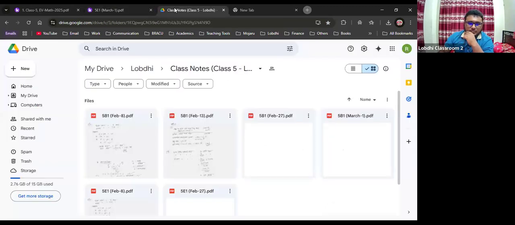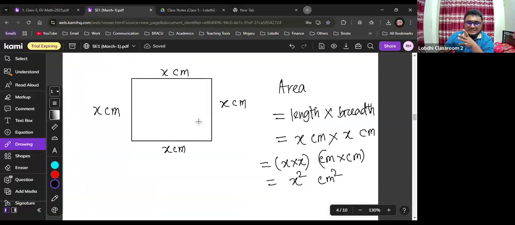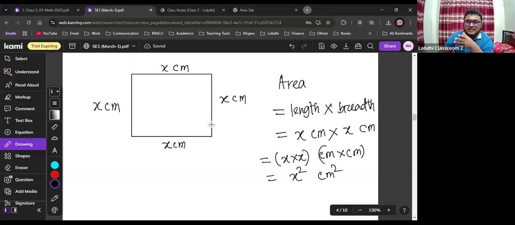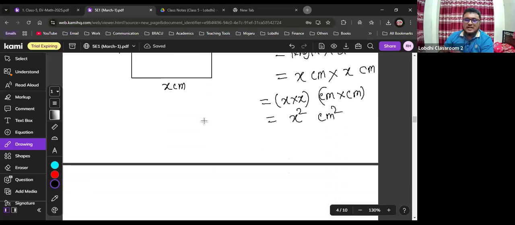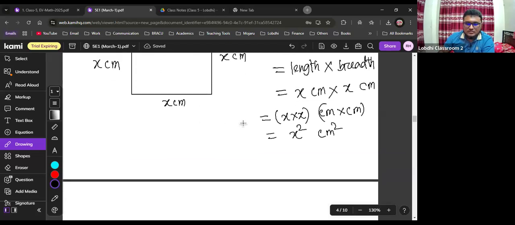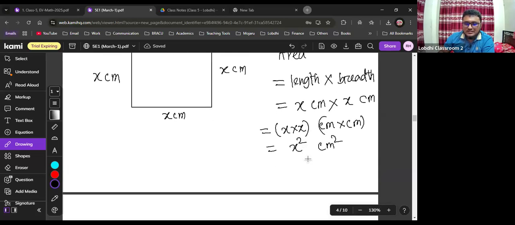Now your book tells that you have 3 pieces of square like this. So this simple square will be taken 3 times. That means you have 2 more squares like this. And what will be the sum of all those 3 squares? So one square produces how much area? Tell me.